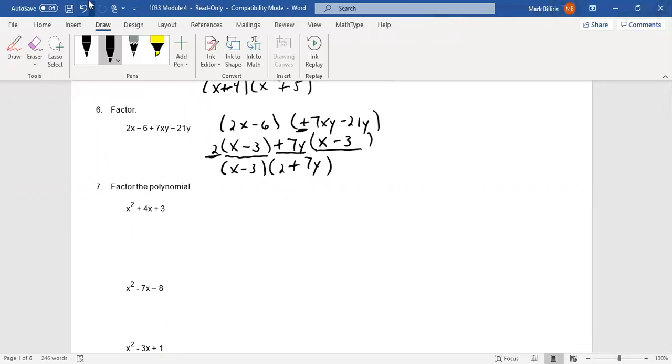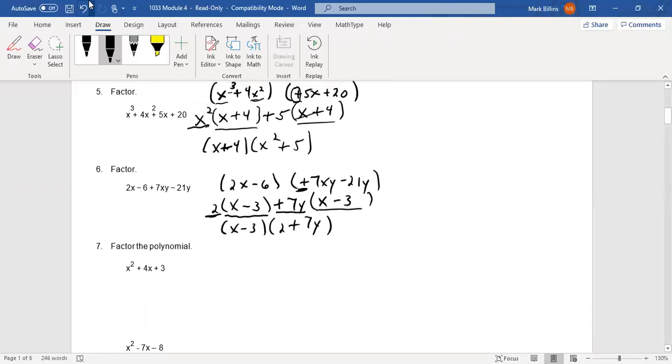So we're going to talk about a process called the AC method of factoring, or sometimes referred to as the reverse FOIL method. So why is it called that? Because when we have the standard form of a polynomial, we have ax squared plus bx plus c. So we're going to be talking about the value in front of the x squared, and the constant or the value in front of our third term.